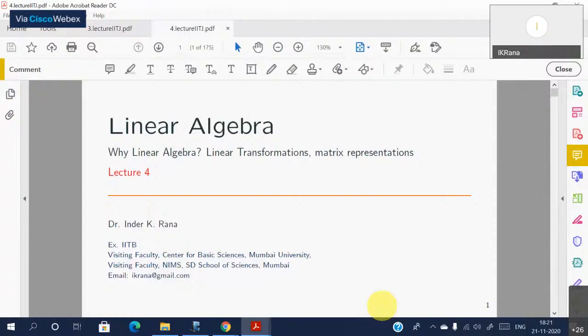So let us come now to the second part of linear algebra. Till now, what we have been looking at is more of the static part of linear algebra. I call it the static part because nothing was moving in this part.